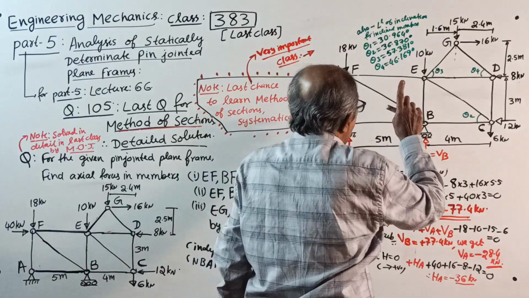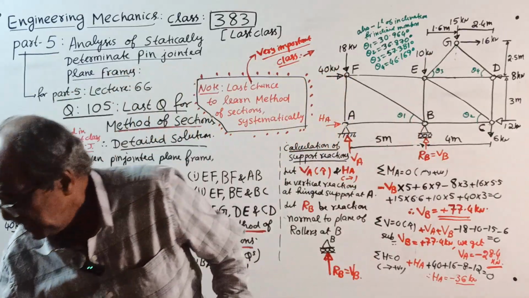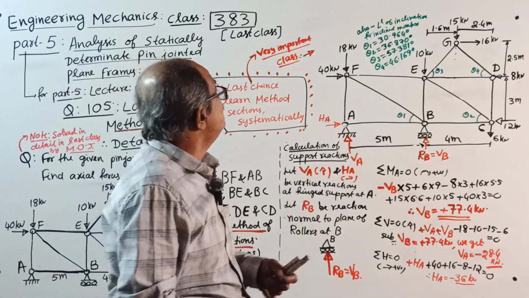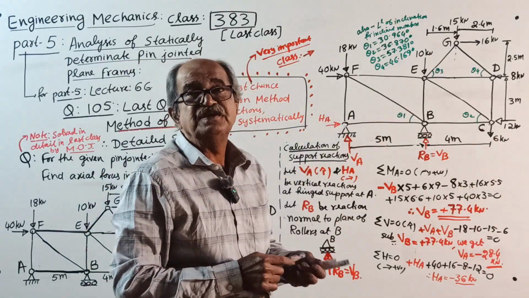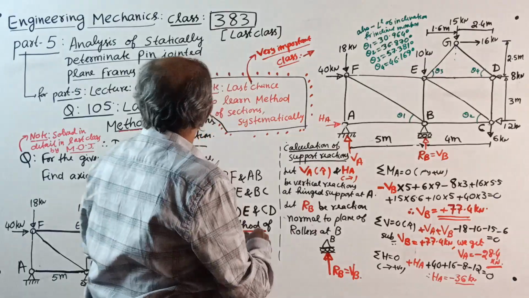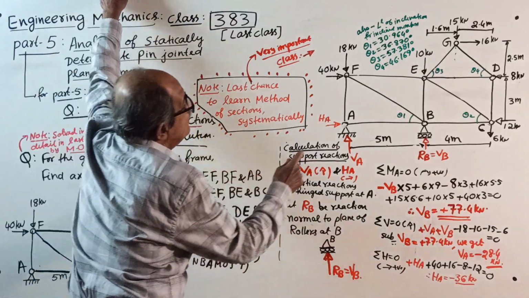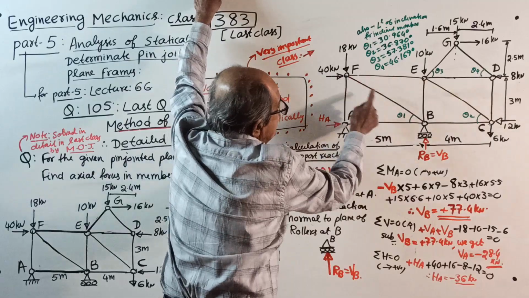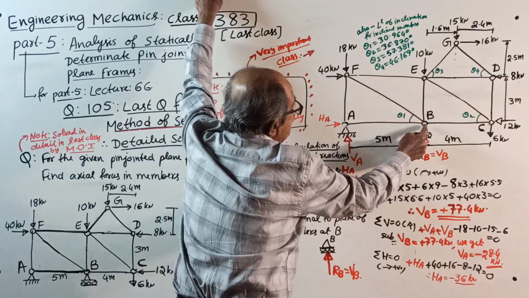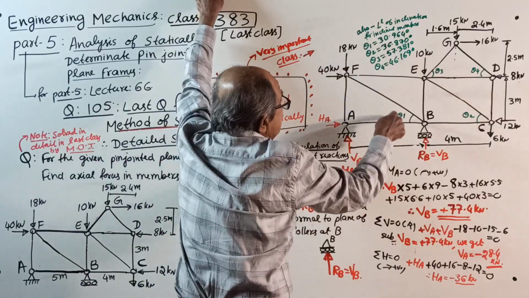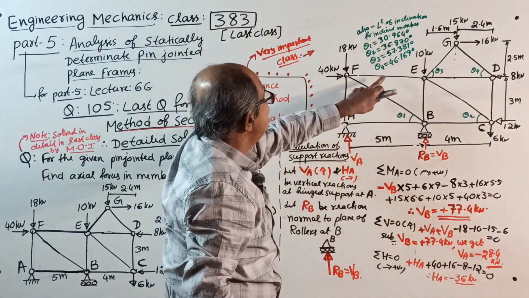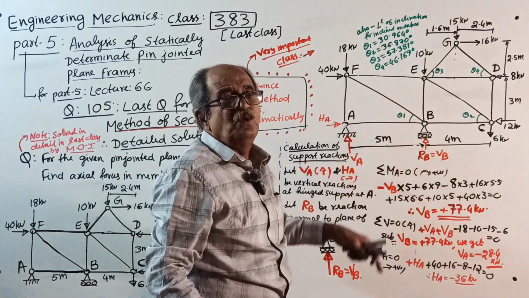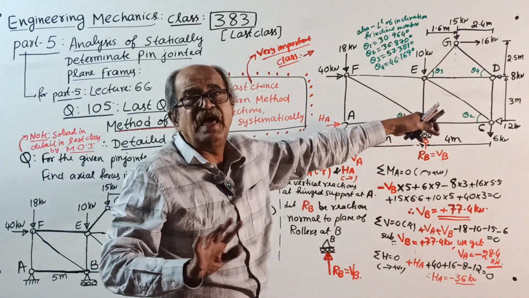Remember, make a note here: in method of joint you require all the angles. If it is method of section, when you find EF, BE, BF and AB, you require only theta 1. If the question is these three members, only theta 1. Don't waste time for other angles.